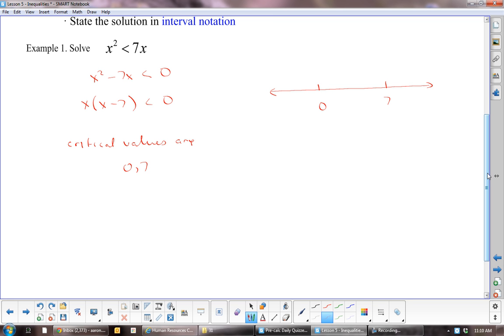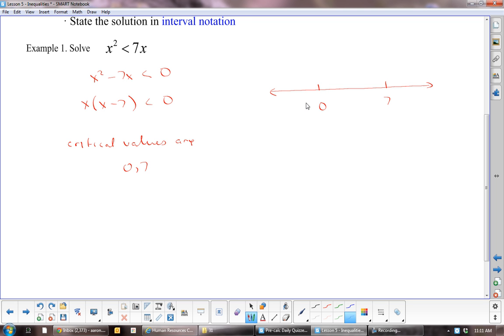See, I want to know, when is this graph less than 0? When is this equation less than 0? And you do some of these in grade 11, but we're going to start using test values. See, I want to test here. I want to test between here and here. And I want to test between here and here.